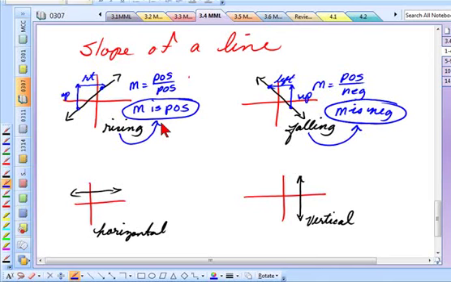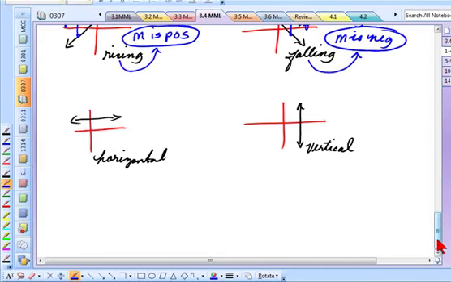Now let's look at those other 2 special cases. Horizontal. If I pick 2 points on a horizontal line, how much do I have to rise to get from one to the other? None. The rise is 0. And the run, I don't know.